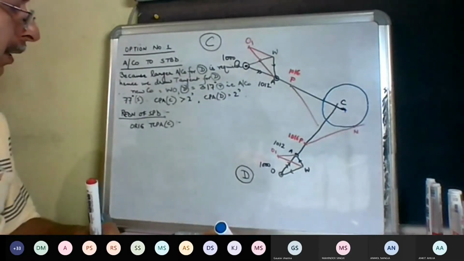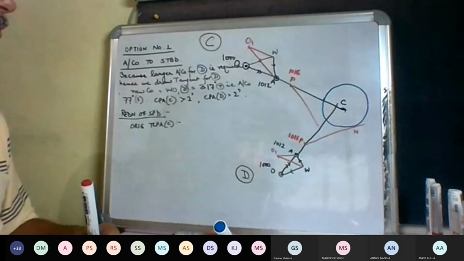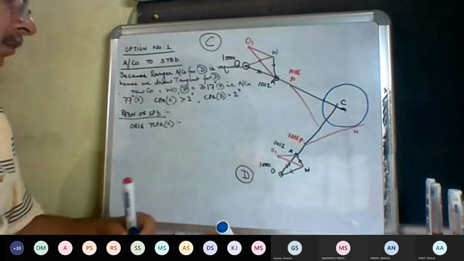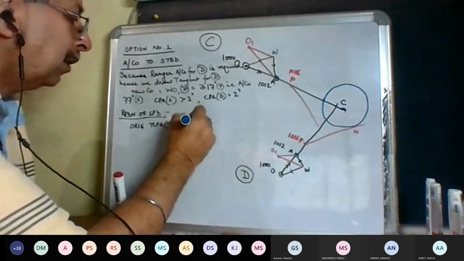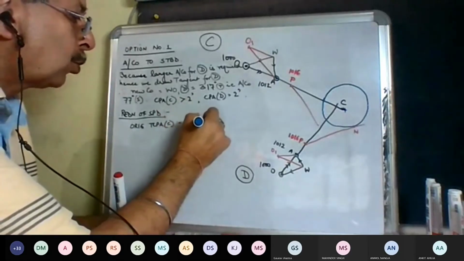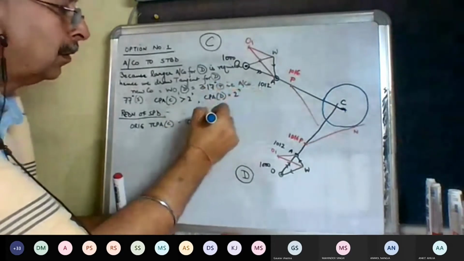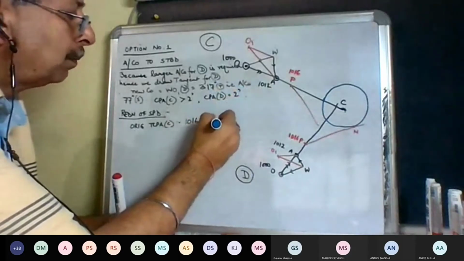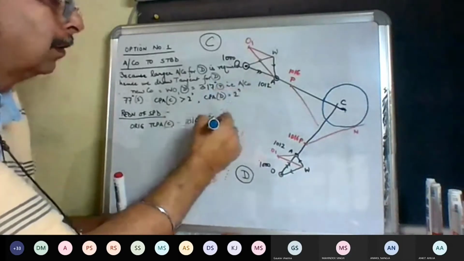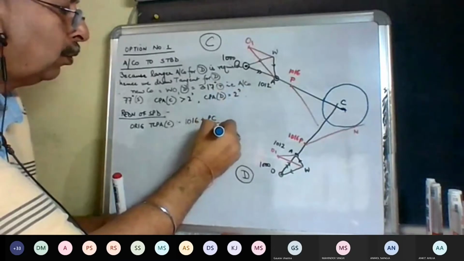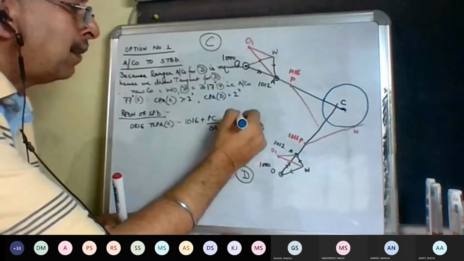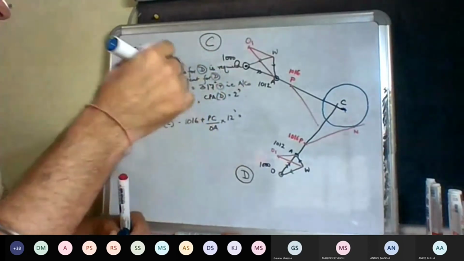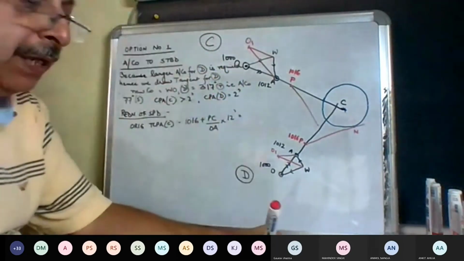It will be 10-16 plus distance to go, PC over OA, into 12 minutes. The original TCPA.